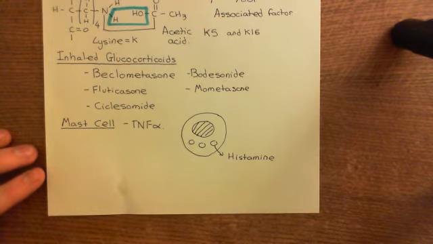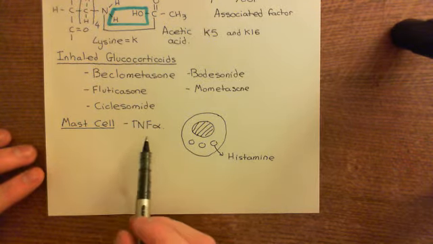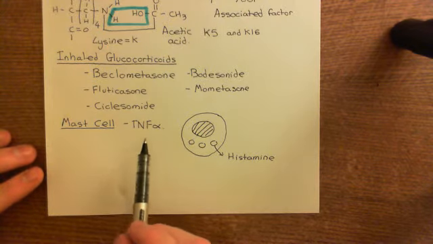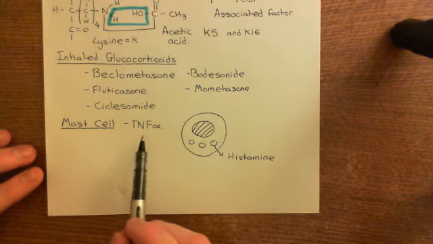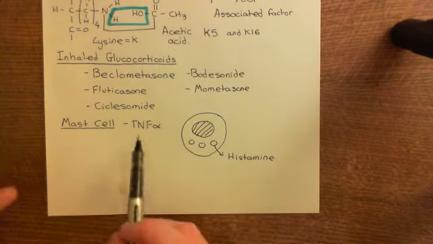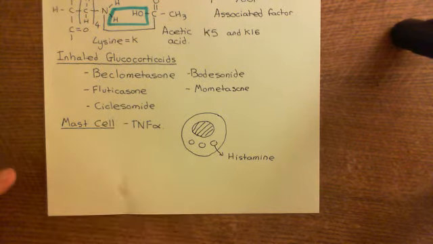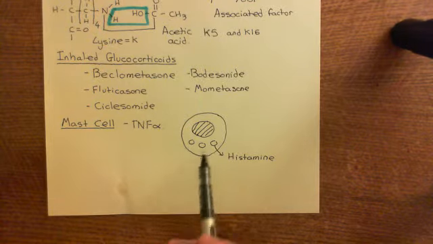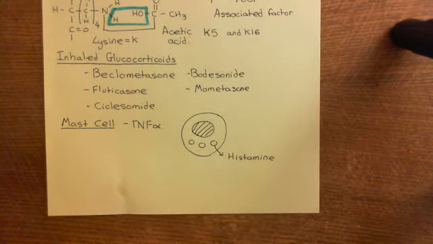Okay, which means that when you activate the mast cells, TNF-alpha production is going to be much lower. So if you are exposed to the allergen in your day-to-day life, then as long as you've taken your inhaled glucocorticoid this morning, these mast cells, when they're activated, will not produce much tumor necrosis factor alpha.